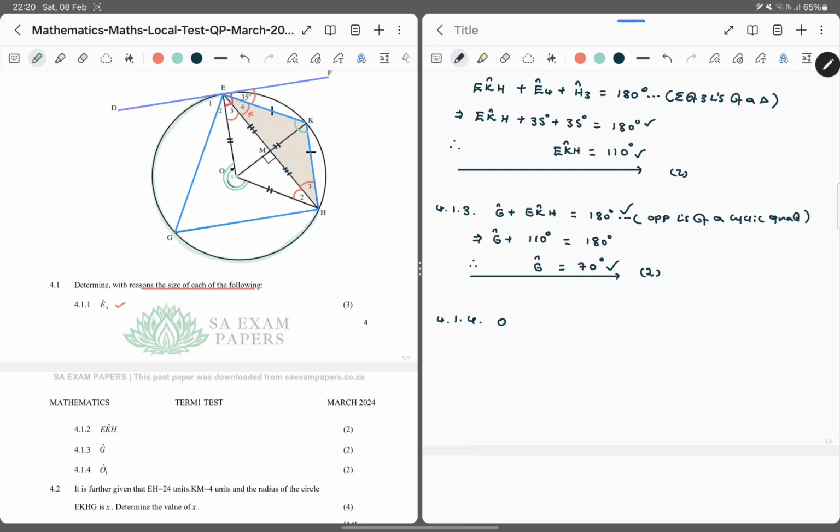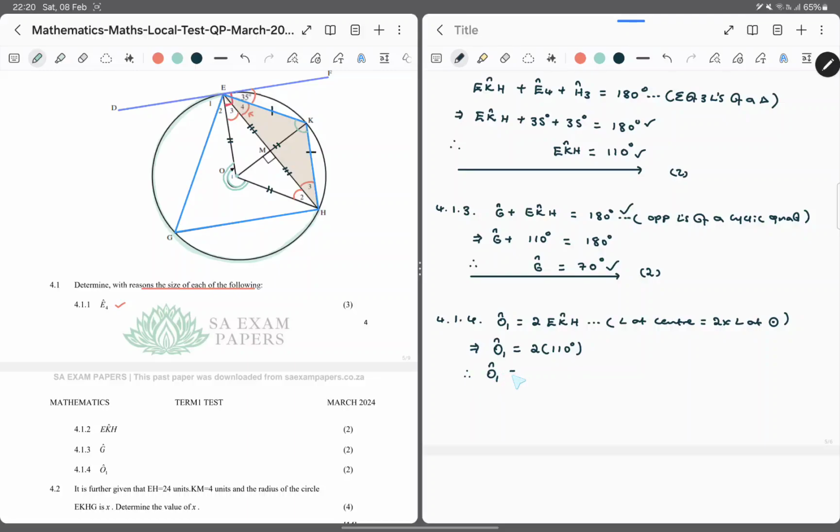So we can say angle O1 is equal to 2 times angle EKH. This is the angle at center is equal to 2 times the angle at circumference. Nice and easy. This implies that angle O1 is equal to 2 times 110 degrees.